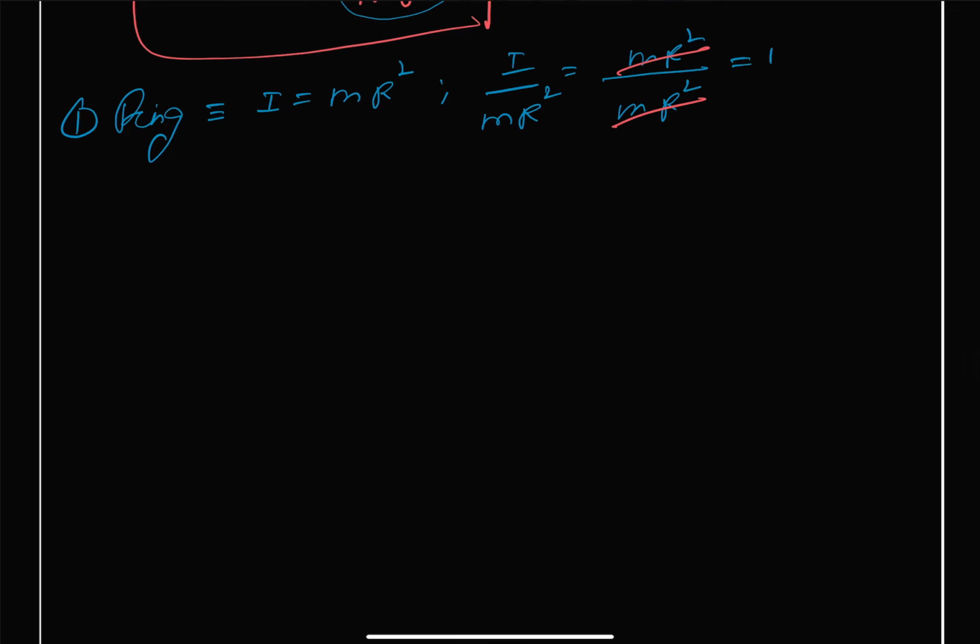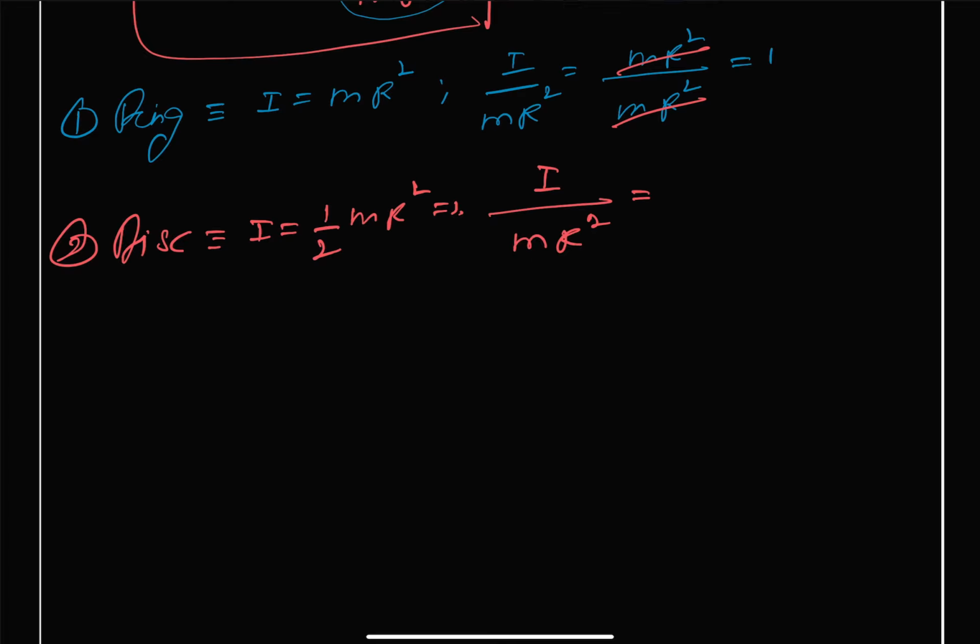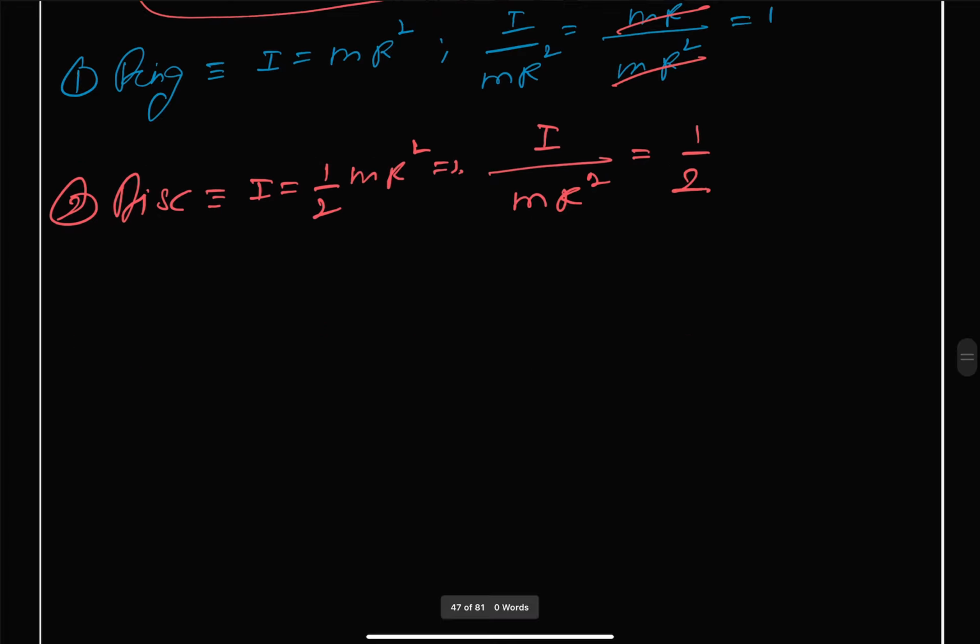And second is our disk, which has I equal to half mr square, giving us I upon mr square equal to 1 by 2.